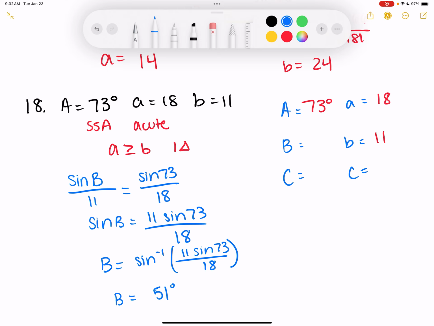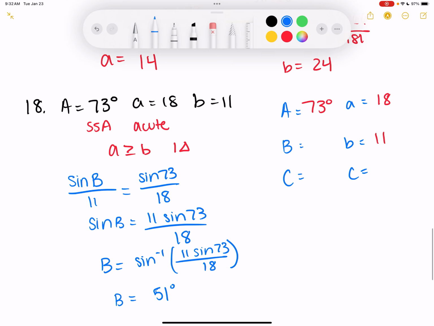Emma, did you make sure you put the whole thing in? You might have missed parentheses. I don't know. How'd you type it in? Like that? Mine doesn't look like that. How did you do it?